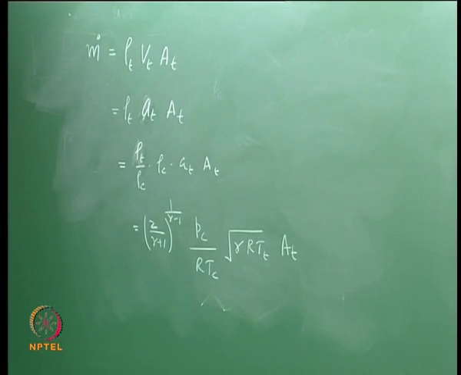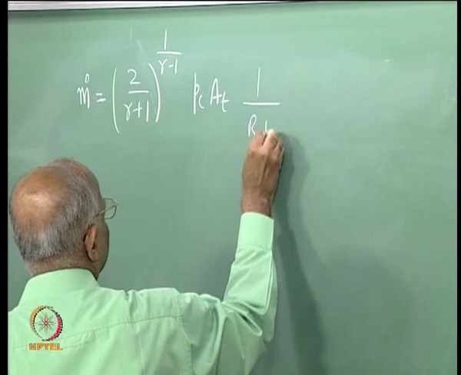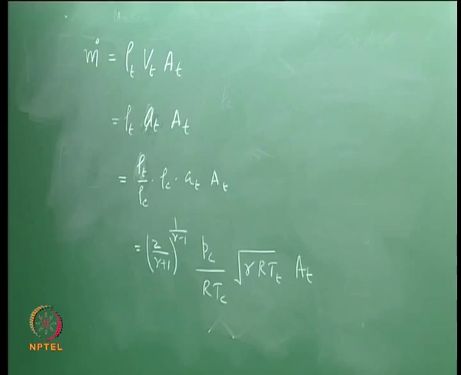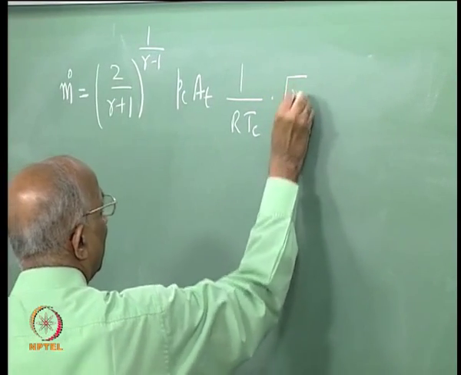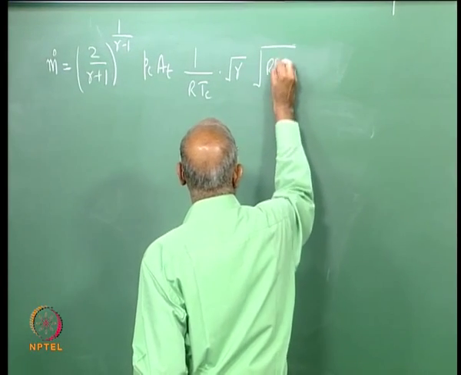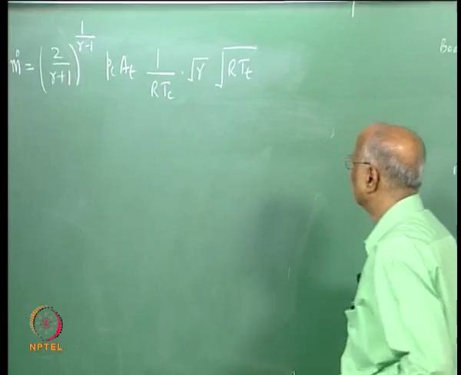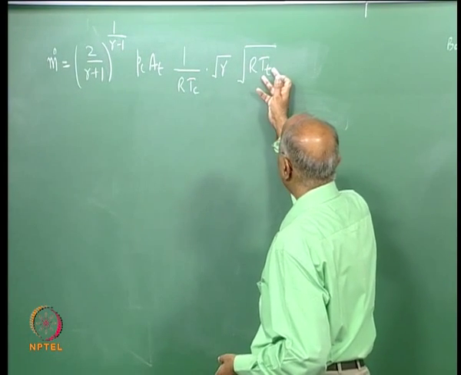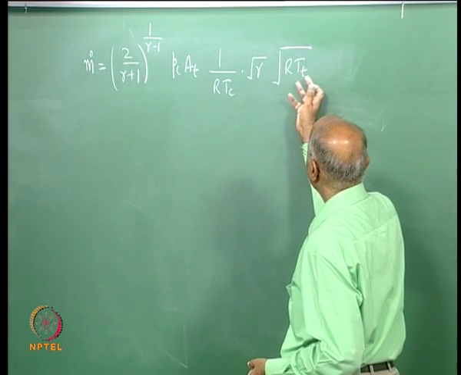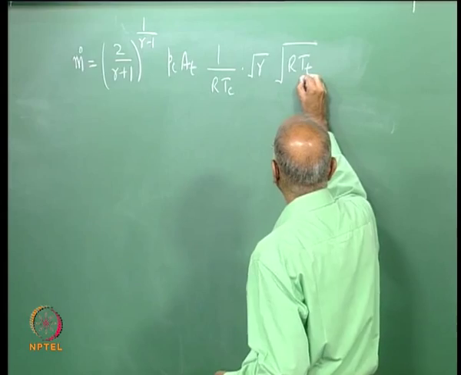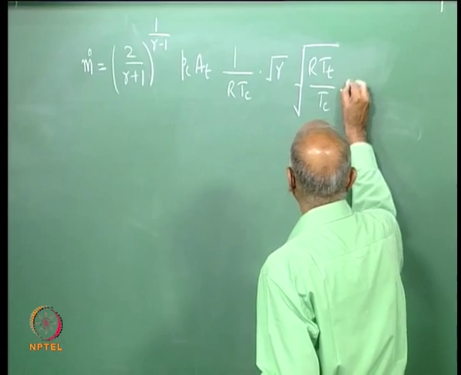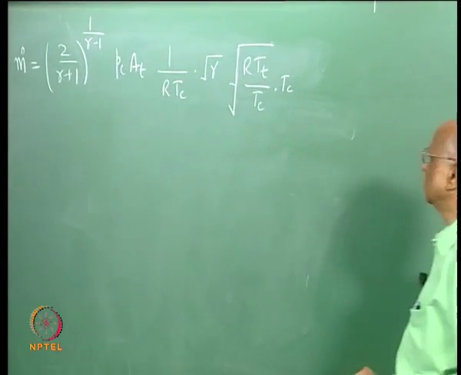Now I have 1 over R Tc into under root gamma, somewhere here let us put it, into under root R Tt. Now I find I have Tt here, Tc here, but this is fully here. Supposing I were to multiply this one by Tc and Tc here, the expression is still the same.